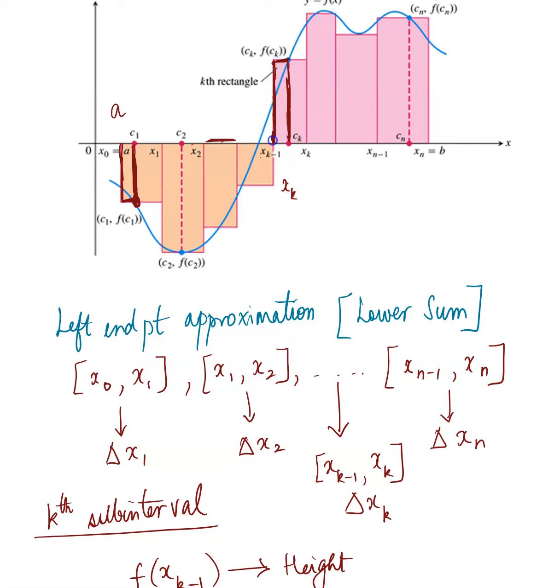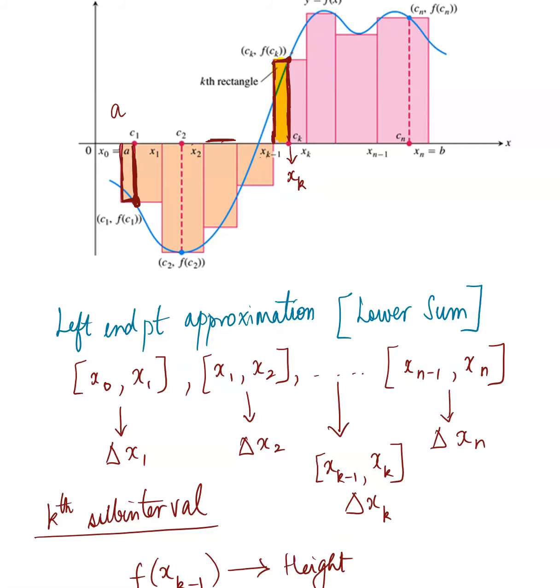Again, I would like you to assume that this is xk minus 1, but this end here is xk. I'd like you to assume that, so that this is our rectangle of interest, where the left end of this rectangle is xk minus 1 and the right end is xk, and of course our upper sum would be the right endpoint approximation.